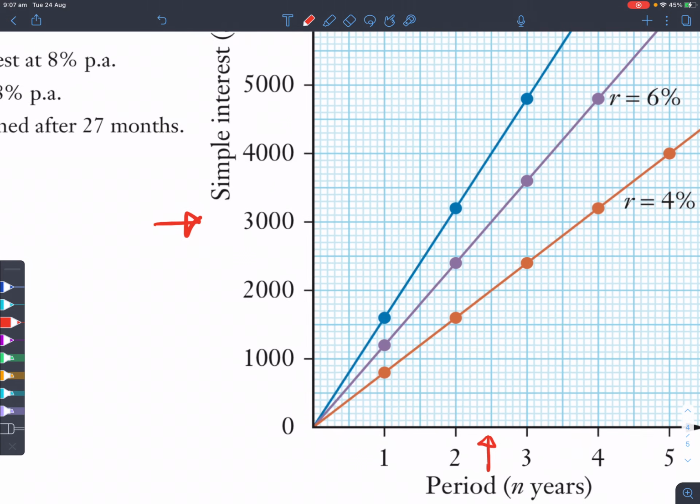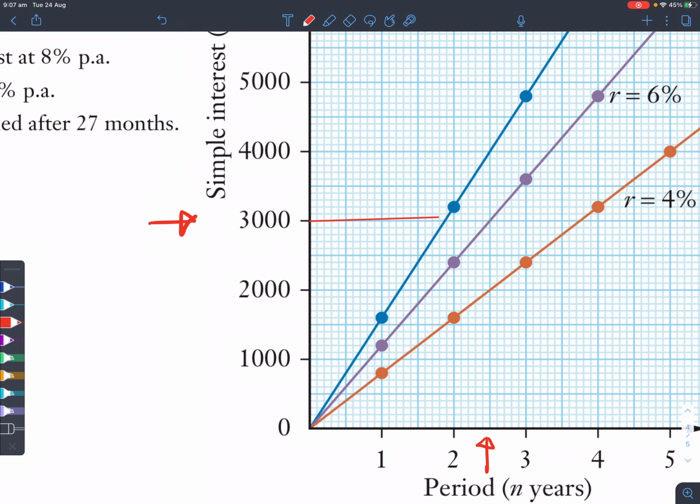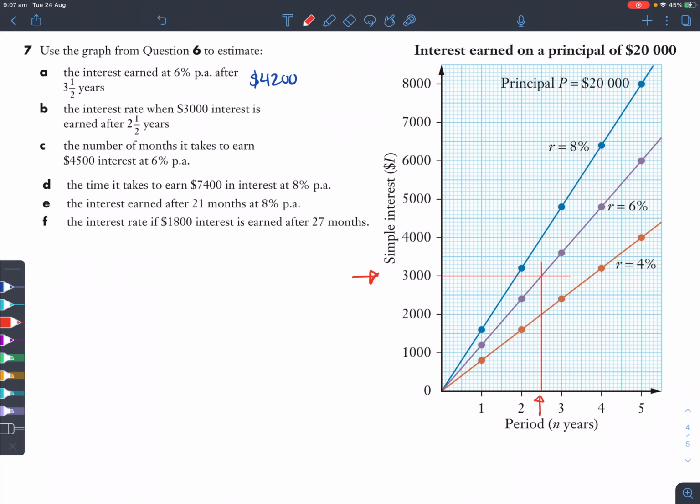If I draw a line going across like that, and a line going up from 2.5, where does it intersect? It intersects on this line, which is where the rate was 6% per annum.